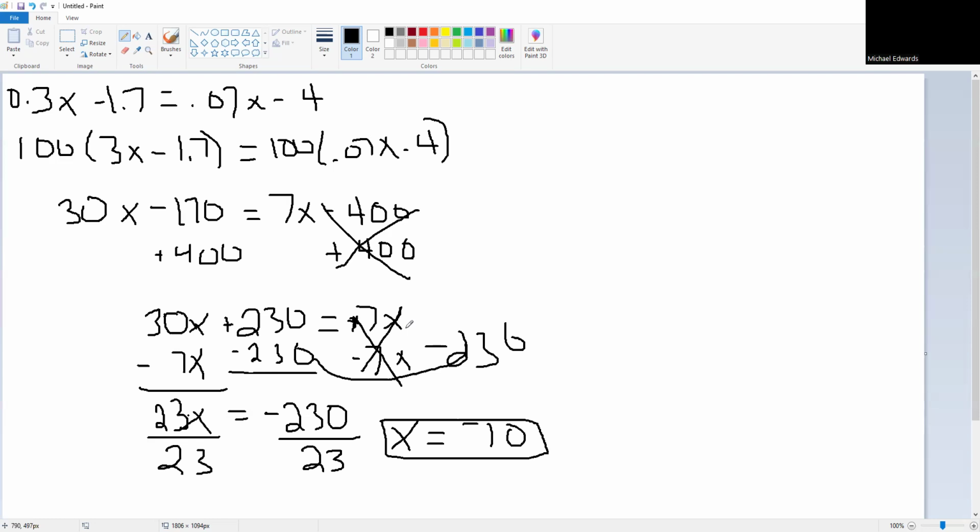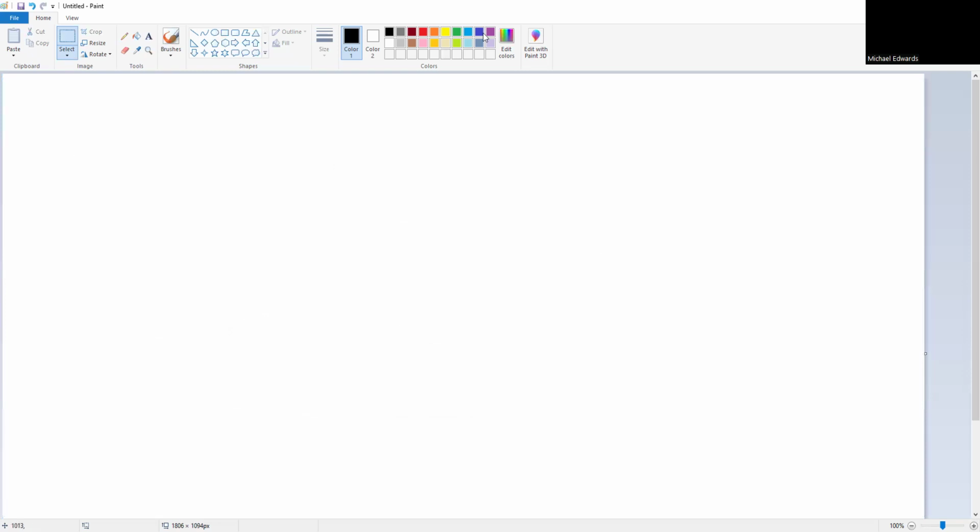And we have identity, which has all real numbers. So any number you put in there will make the statement true. So conditional, only a certain number will work for that equation. Contradiction, there's no solution. Identity, any number you put in for x will solve the equation. And those properties are in your book, page 60.